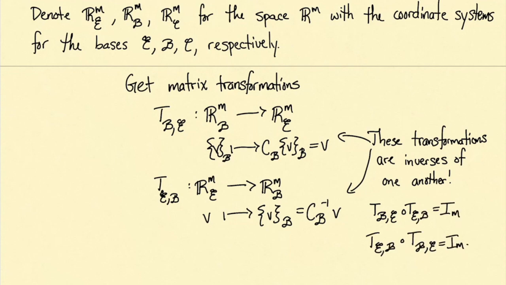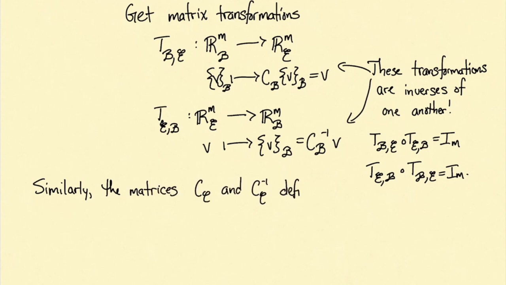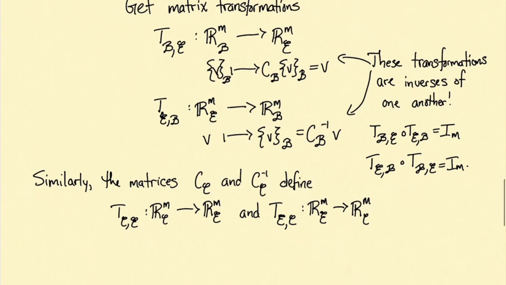Similarly, the matrices C sub C and C sub C inverse define transformations that convert from the coordinate system going with C to the standard coordinate system, and from the standard coordinate system to the coordinate system that goes with C, respectively. And just like with B, these two are inverses of one another.